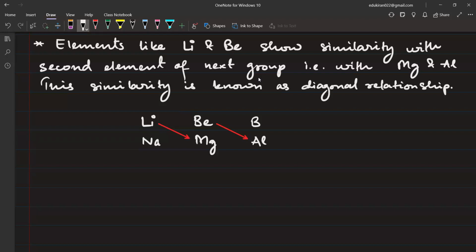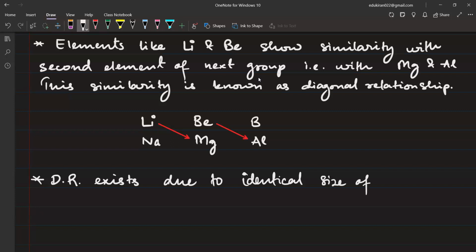Please write here. Diagonal relationship, DR, exists due to identical size of ions.